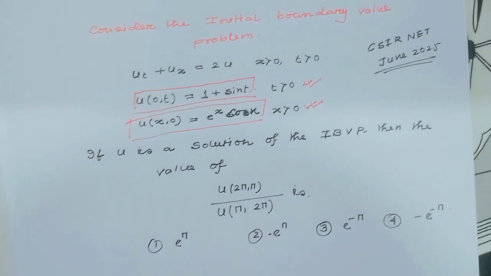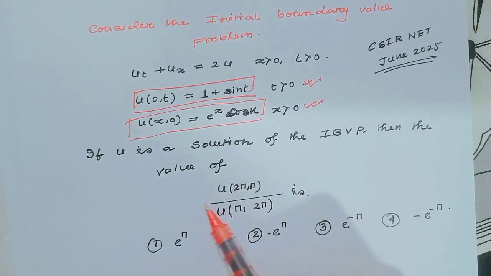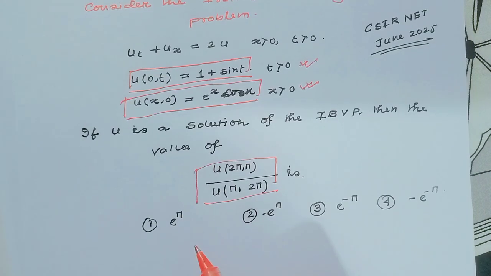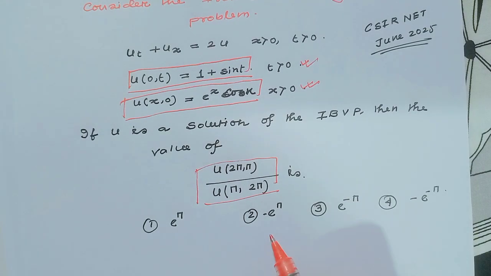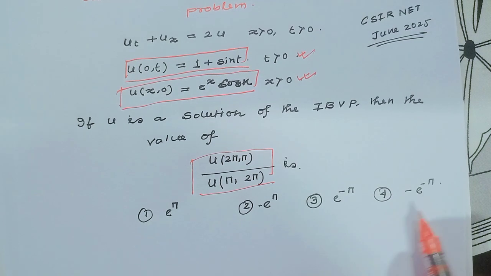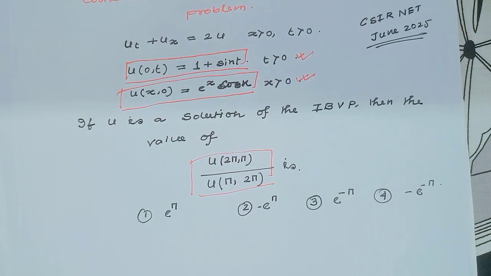If u is a solution of the IBVP, then the value of u(2 pi) divided by u(pi, 2 pi) is: option 1 e to the power 2, option 2 minus e to the power pi, option 3 e to the power minus pi, option 4 minus e to the power minus pi.